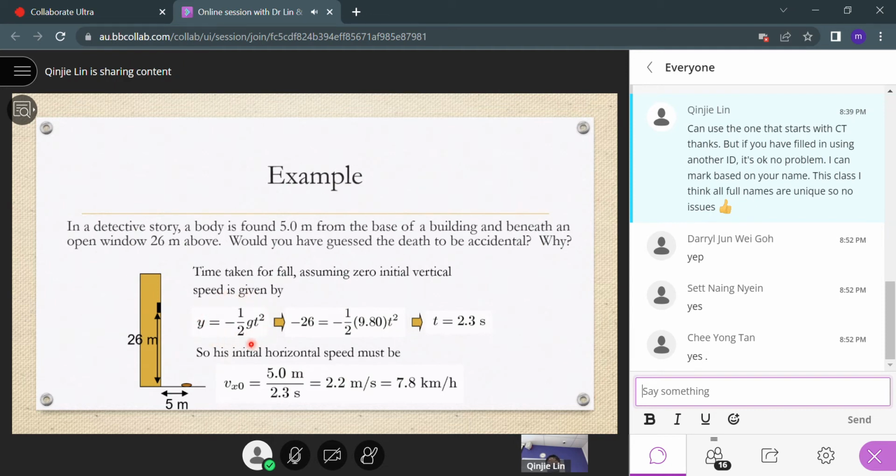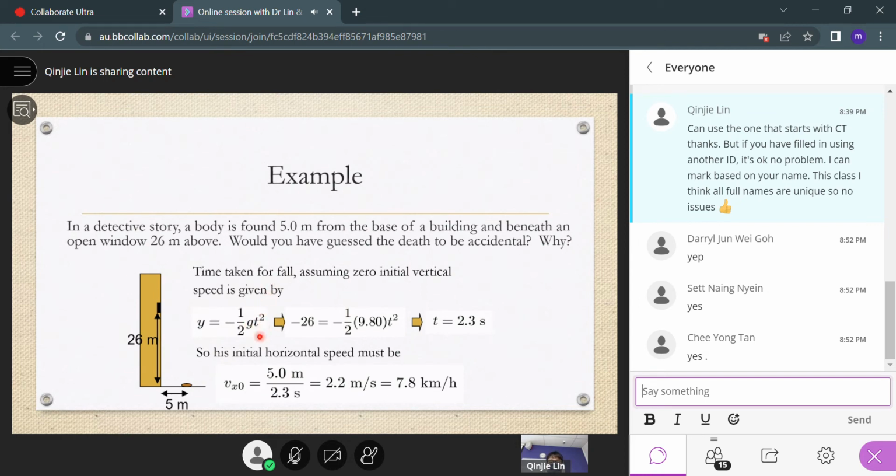This is from your s equals ut plus half at squared. Again, the ut becomes 0. So you see, after a while, things become quite standard. When you start from rest, the u will become 0. So for y, you will be left with minus half gt squared.